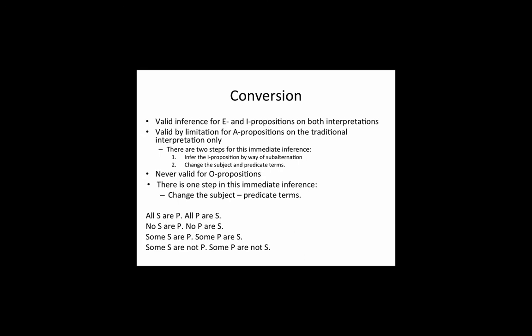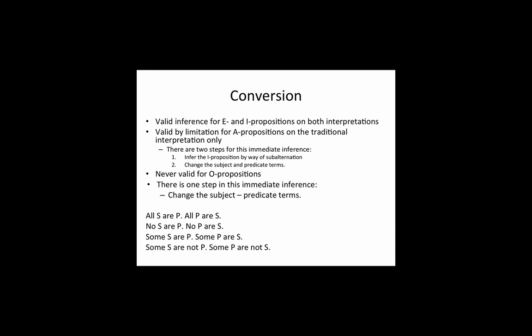So first off, conversion involves swapping or switching or changing the subject and predicate position. You'll see that for conversion by limitation, which works only on the A proposition, we first subalternate. In other words, we first move to the subaltern, which is an I claim, and then we convert the I claim.